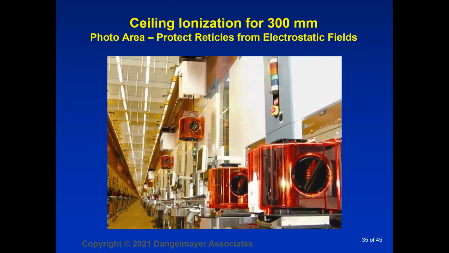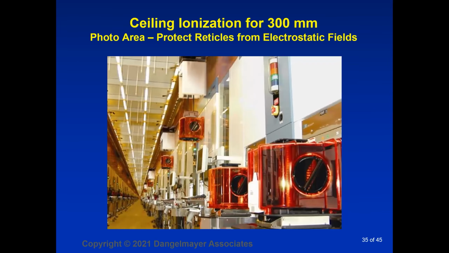Here's an example of ceiling ionization for 300 millimeter. This is a photo area, as evidenced by the yellow lights. Photo areas are very important for ionizers because of the reticles, the negatives used to produce the semiconductor products. These reticles are one of the few items that are actually sensitive to electric field, that you can produce an ESD event on a reticle just from the change of an electric field.